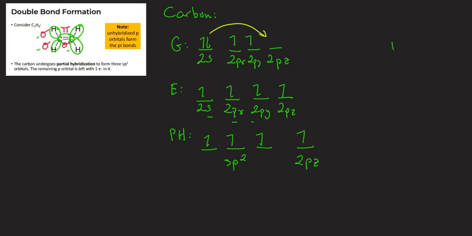This is exactly the same for the second carbon. Maybe we can call this carbon 1 and this carbon 2. The partially hybridized state is exactly the same: 1, 2, 3, and then a 2pz, and this is sp2.